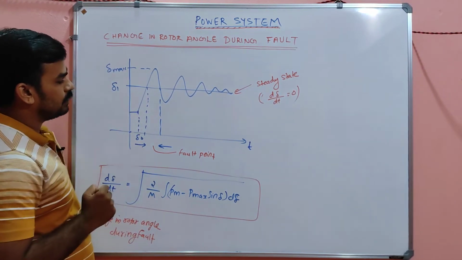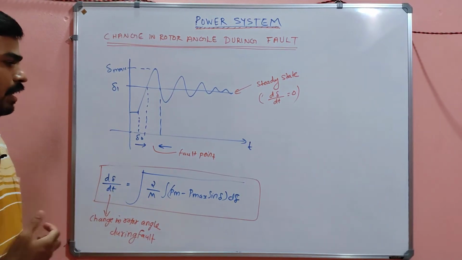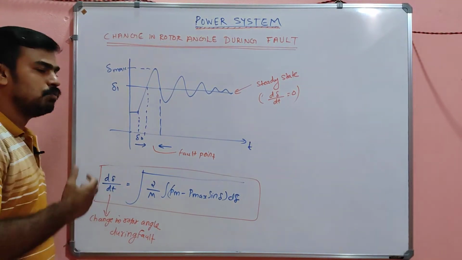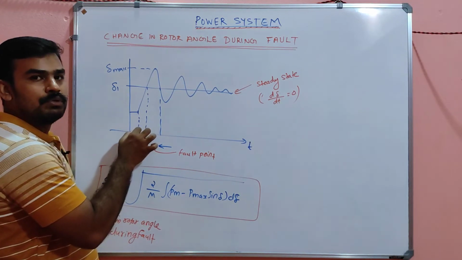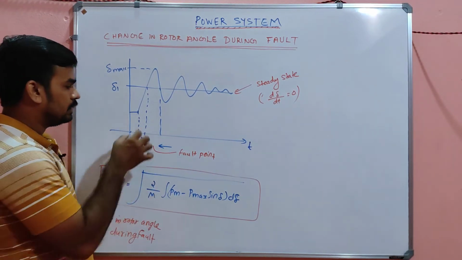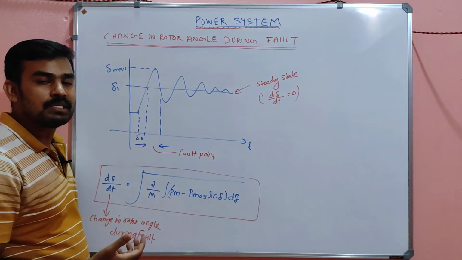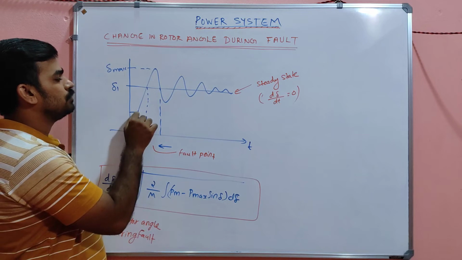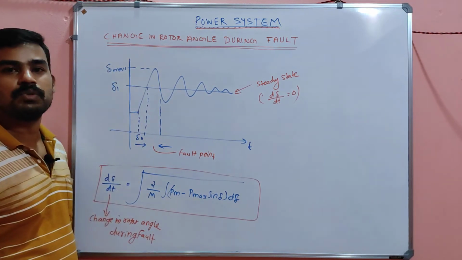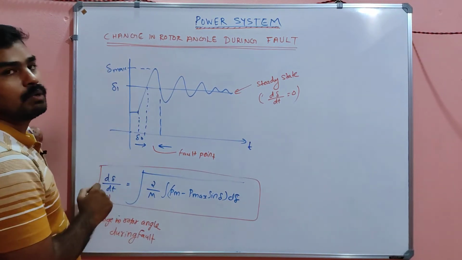Suddenly at del 0, a fault occurs. Then the rotor suddenly jumps into an oscillation process. That means the rotor angle suddenly rises from this point to del 1.